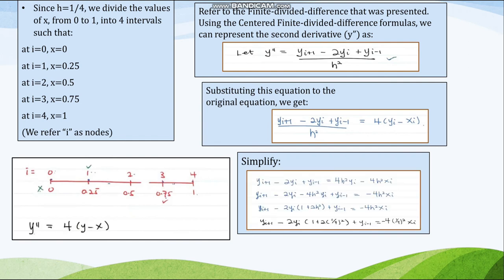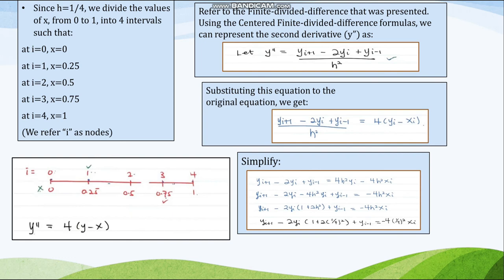Next, we simplify this equation. By multiplying h squared to both sides of the equation, we get y sub i plus 1 minus 2y sub i plus y sub i minus 1 is equal to 4h squared y sub i minus 4h squared x sub i.